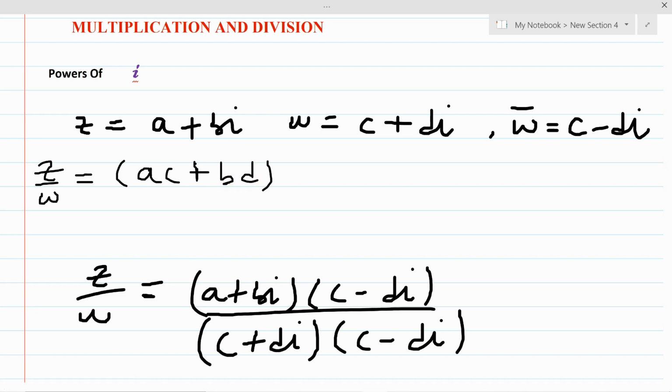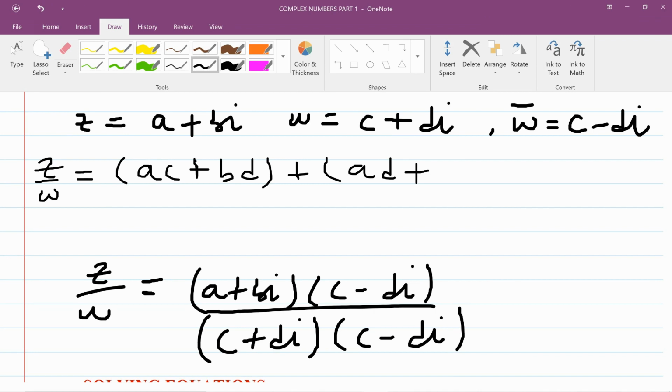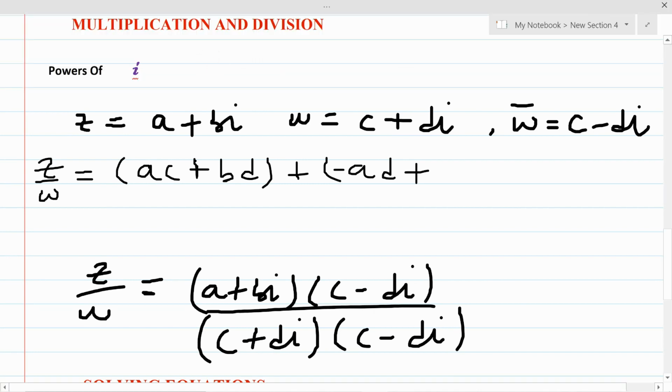Then plus first one times last one, that is ad, minus ad because the d is negative here, plus then b times c, so bci.